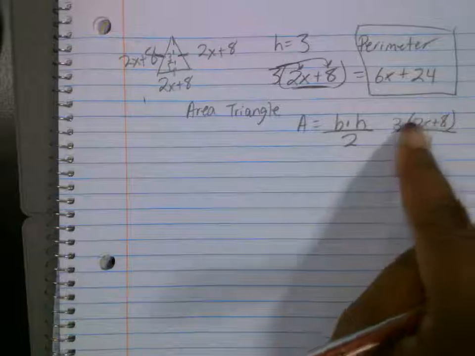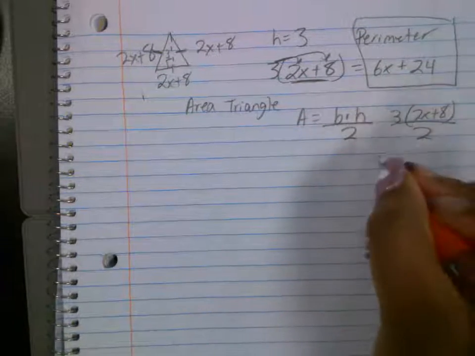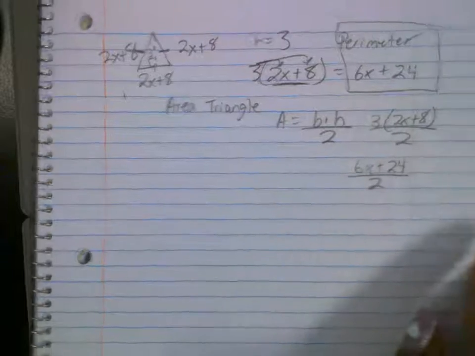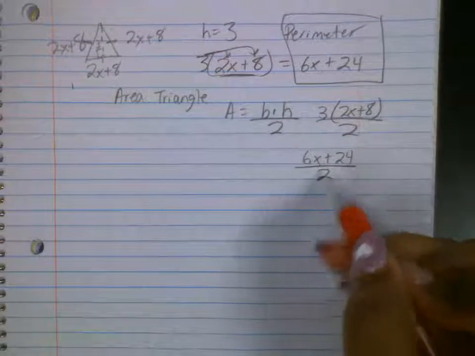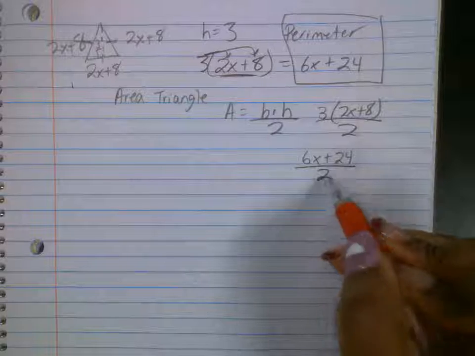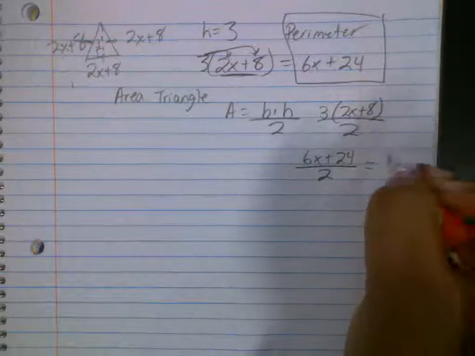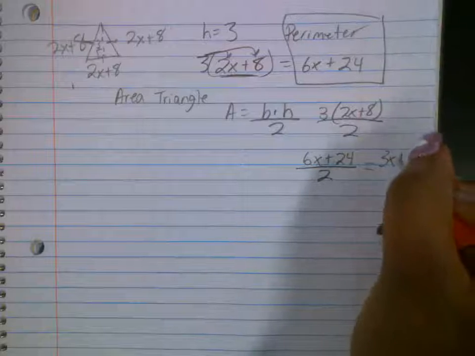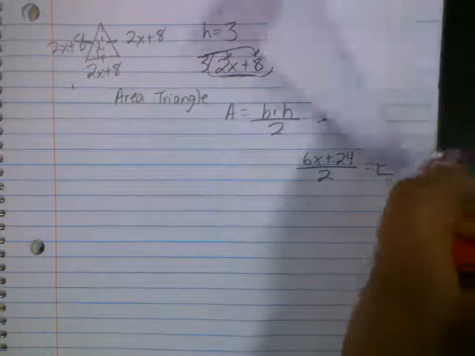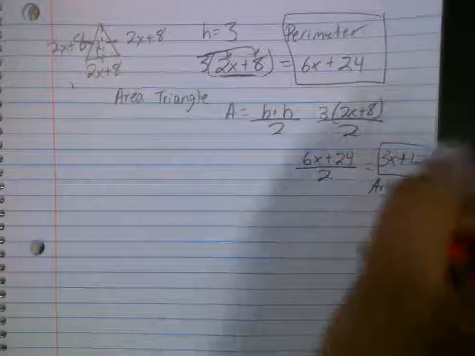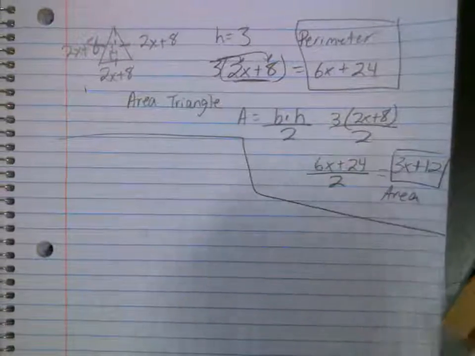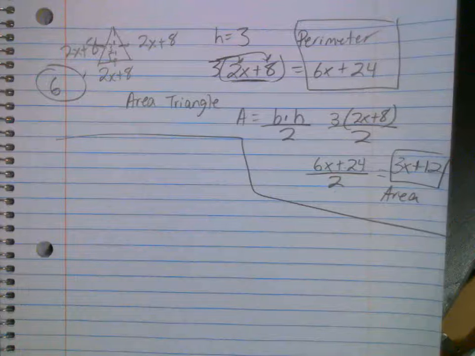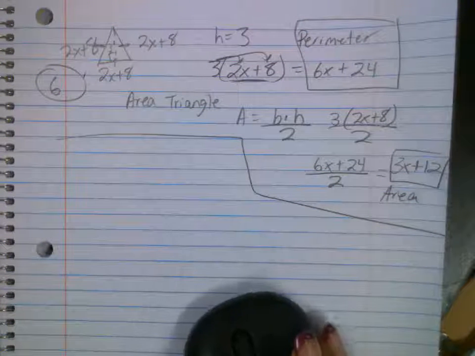That gave us what on the top? And now we're going to divide it by 2. Let's divide each of these by 2. 6x divided by 2 gives us 3x. And 24 divided by 2 is 12. So this is the area. This is number 6. Any questions about that? Pause for the cause.